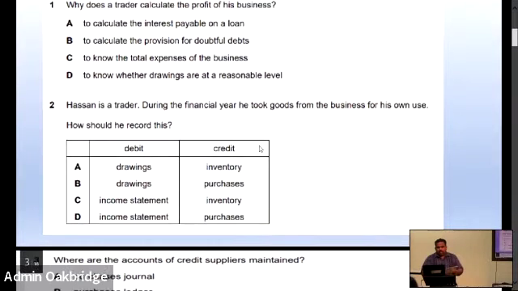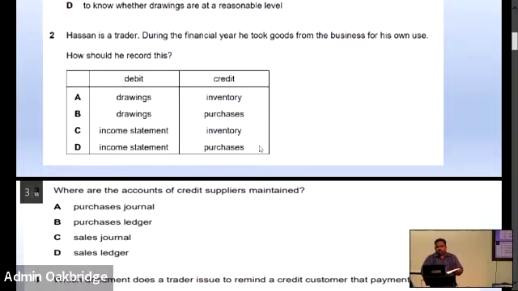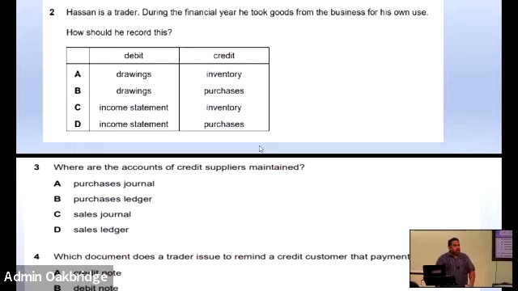Hassan is a trader. During the financial year, he took goods from the business for his own use. How should he record this? What's the double entry? Remember, when the owner takes things for himself, it's always drawings. Debit or credit?